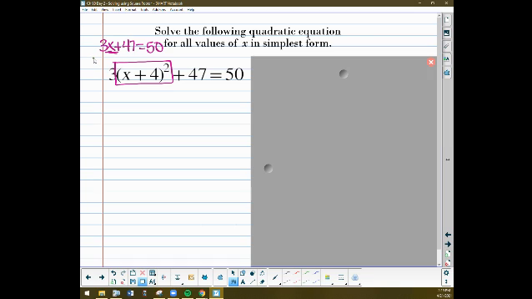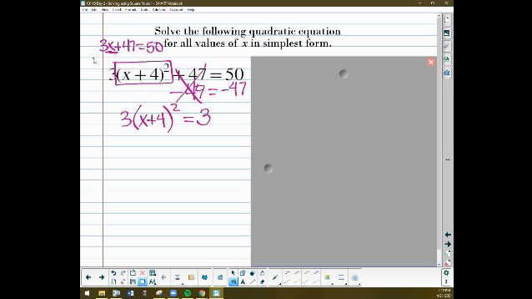So I start by doing reverse PEMDAS, subtracting 47 from each side. So that will go away. Over here, I still have 3 times x plus 4 quantity squared. 50 minus 47 is going to give me positive 3.